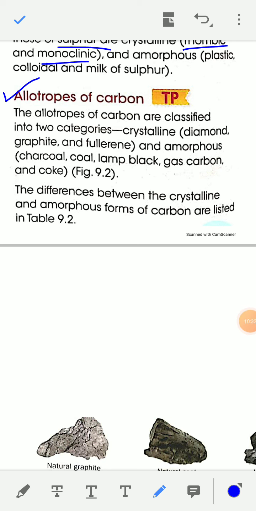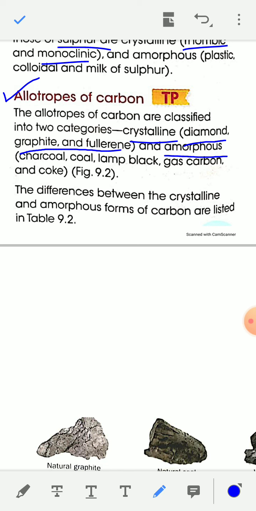The allotropes of carbon are classified in two categories: crystalline and amorphous. Crystalline allotropic forms of carbon are diamond, graphite, and fullerene.